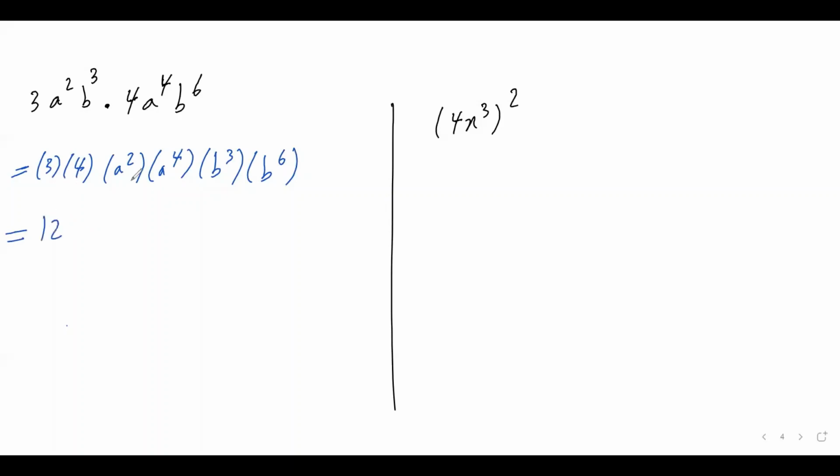And here I have multiple variables, so I have to look for the powers with the same base. So these two have the same base, which is a, and these two have the same base, which is b. A to the power of 2 times a to the power of 4: I write down one of the bases and add up the exponents. 2 plus 4 is 6. And for b, I write down one of the b's and then add up the exponents. 3 plus 6 is 9. This is our answer.